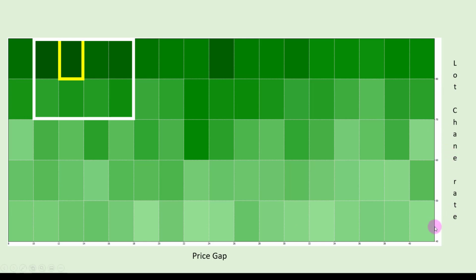So it's basically saying don't use a rate of change of 40 or 50, and even 60 is marginal. 70 to 80 is a lot better. Now in this case it's quite interesting. The best result is that one over there, but if you take the 8 blocks around it, you're not in a bad position there either. So let's say we take those blocks and we say that's our second.